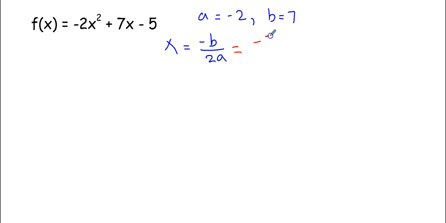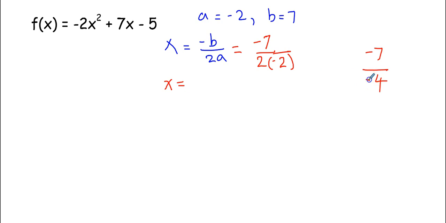Negative b is negative 7 over 2 times a, that is 2 times -2, which is -4.